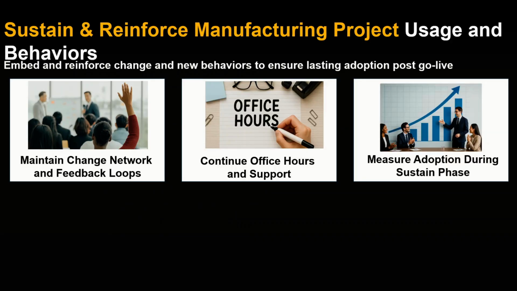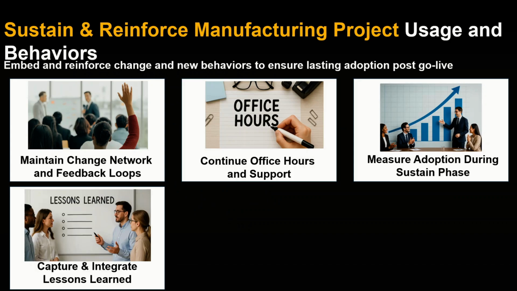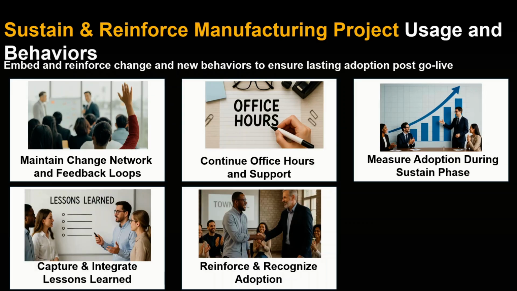You also want to measure adoption during the sustain phase to ensure that adoption doesn't fall off. You will also want to ensure that you are tracking and documenting lessons learned. And you want to ensure that you are recognizing people that are adopting the change the most.